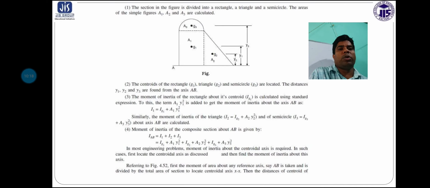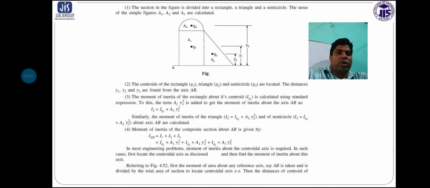Similarly, the moment of inertia of the triangle is I2 equal to Ig2 plus A2 y2 square, and of the semicircle I3 is equal to Ig3 plus A3 y3 square about axis AB.